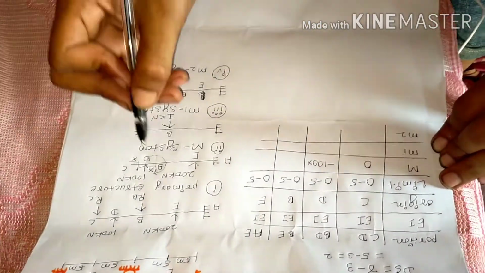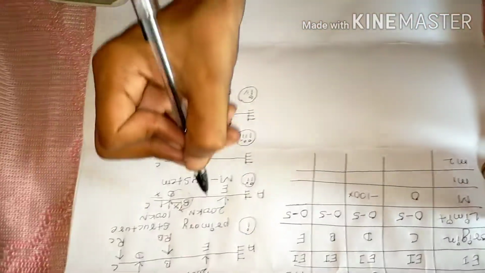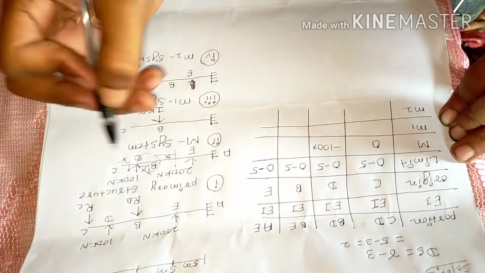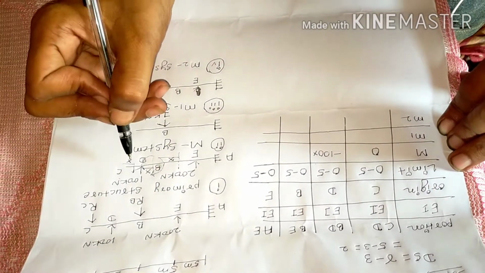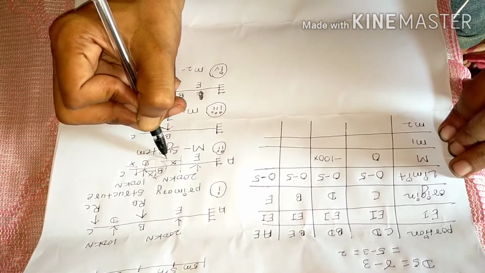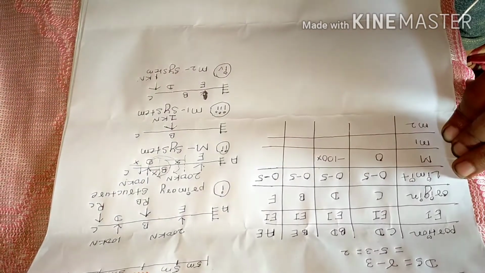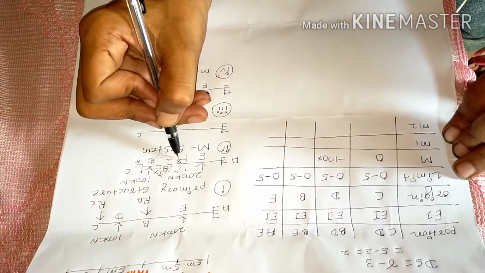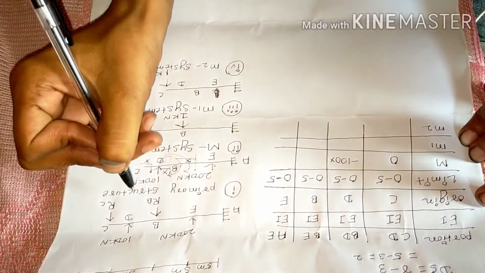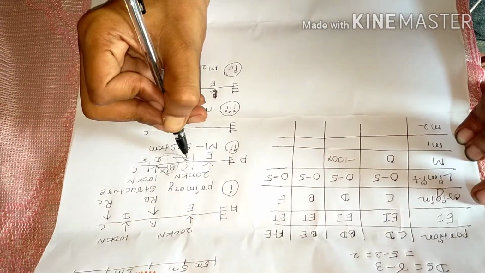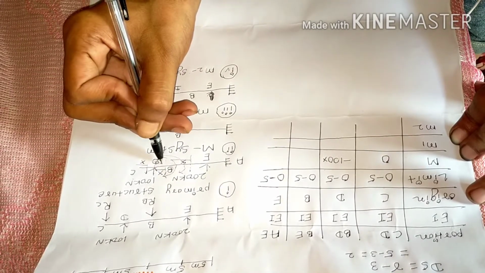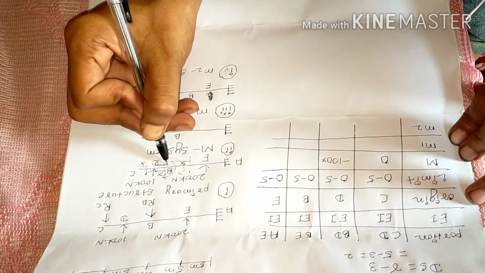Now in portion BE, first let us take a section at a distance of x from the origin B. This 100 kilonewton force will rotate this section in clockwise direction, so take negative, and the perpendicular distance is x plus 5. If this is 5 meter, the perpendicular distance is x plus 5 because the section is taken at a distance of x from the origin B, and the distance between BD is 5 meters.